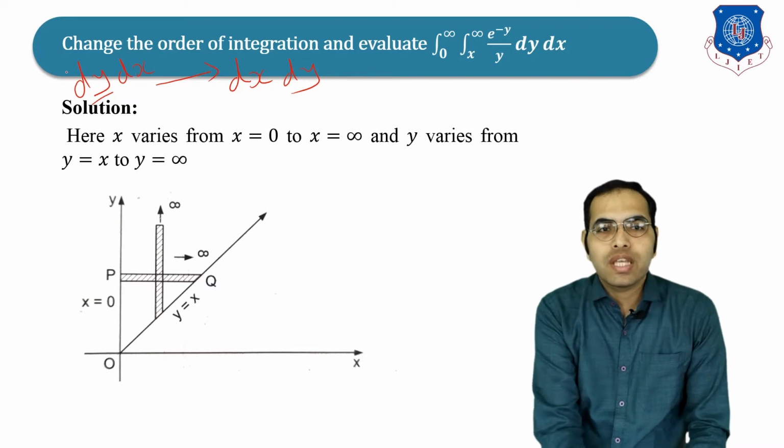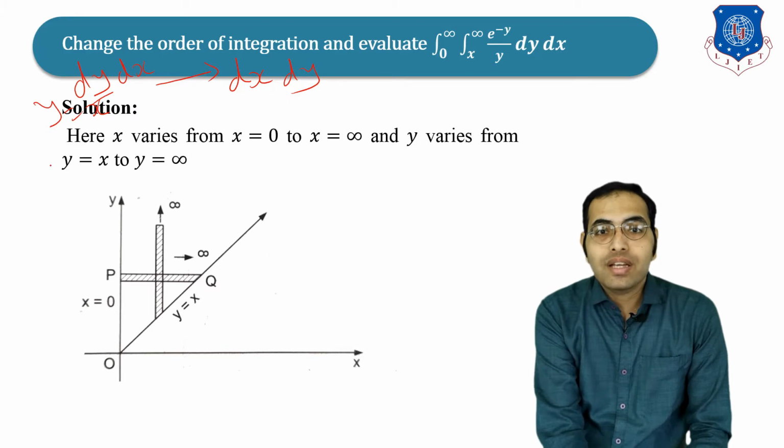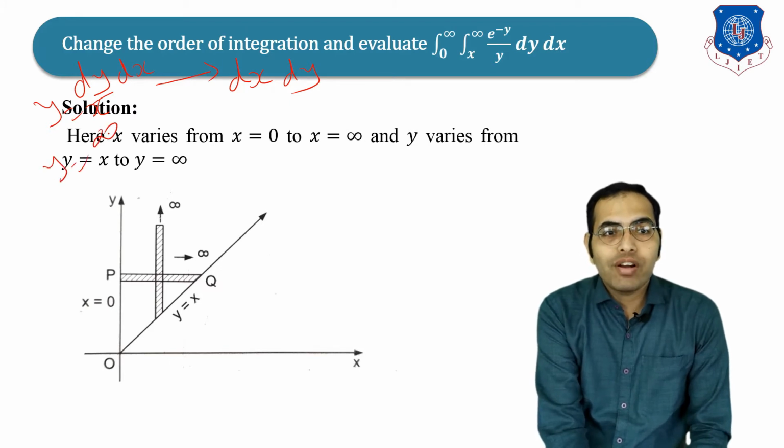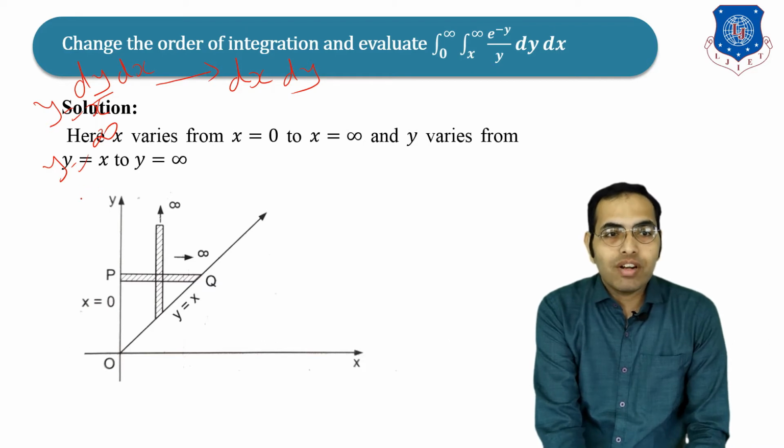Then according to this we have a total of 3 lines. Firstly y equal to x, another one is y equal to infinity, and another one is x equal to 0.